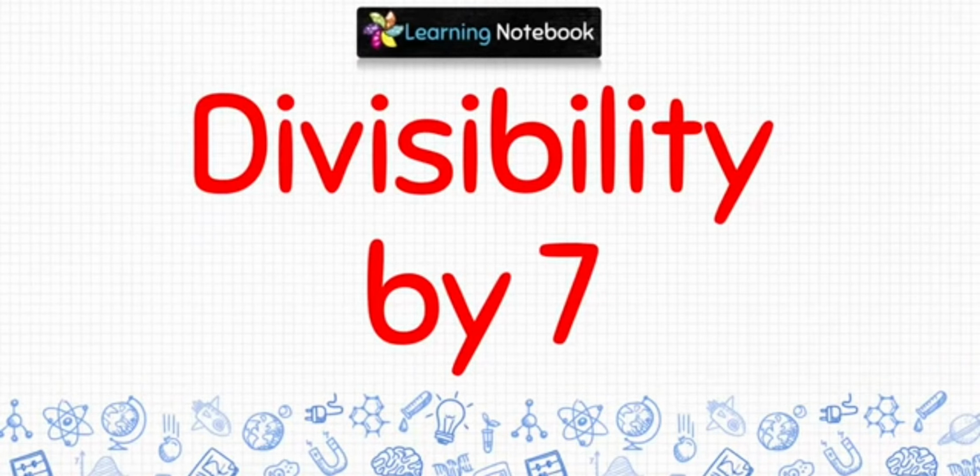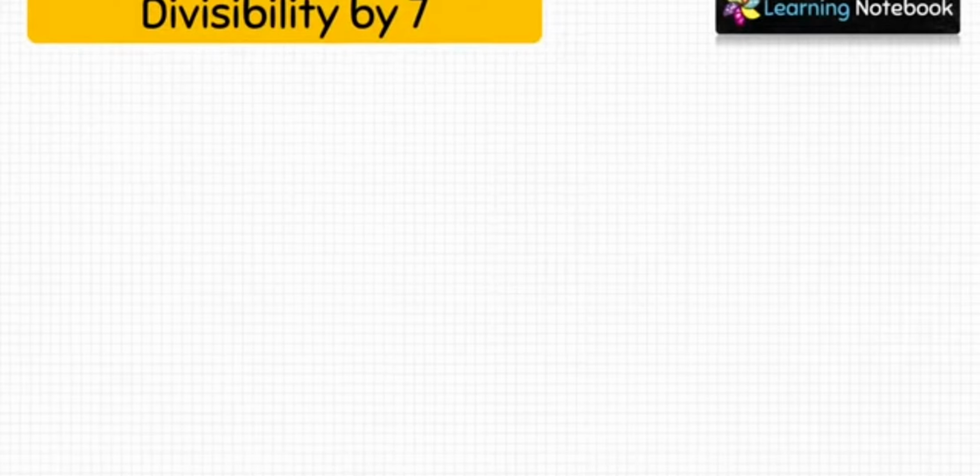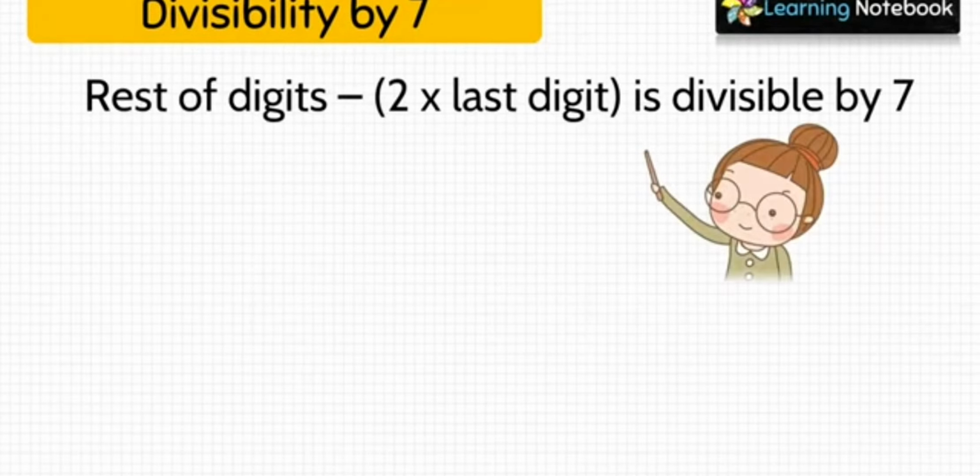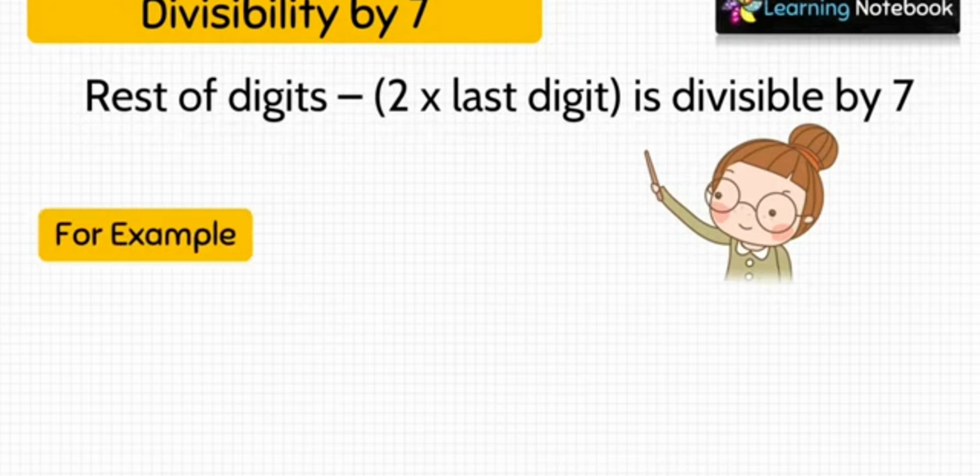Now, next is divisibility by 7. To check if a number is divisible by 7, we will check if the rest of the digits minus 2 times the last digit is divisible by 7 or not. Let's see a few examples. 196.